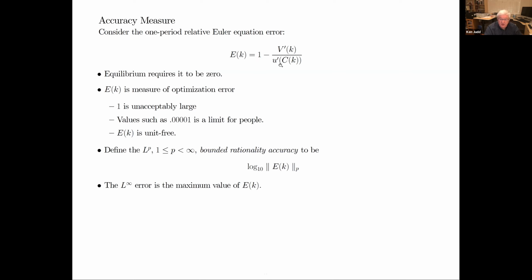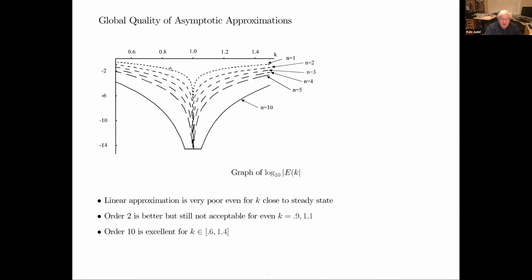V prime and U prime should equal each other at all capital stocks K. So we take 1 minus that, and anything other than 0 is the error, and we take log base 10. What you see is that at the steady state, you have a perfect answer.